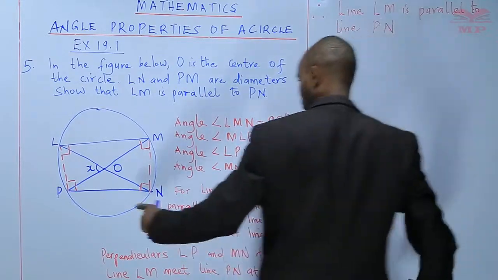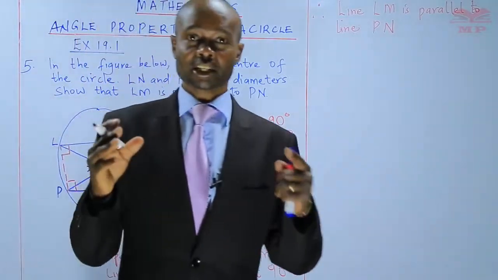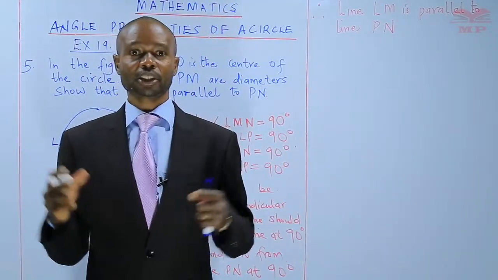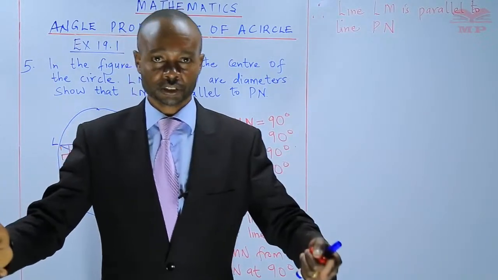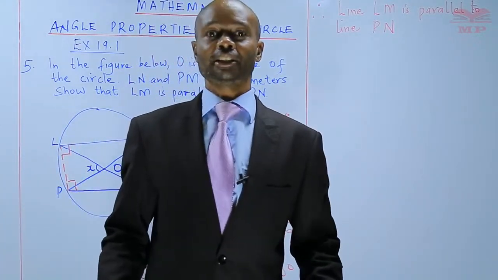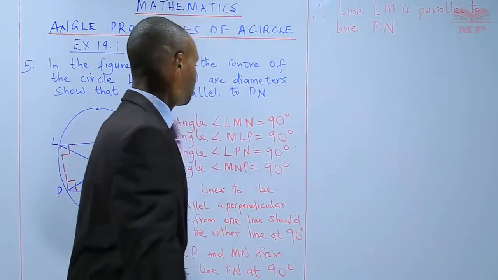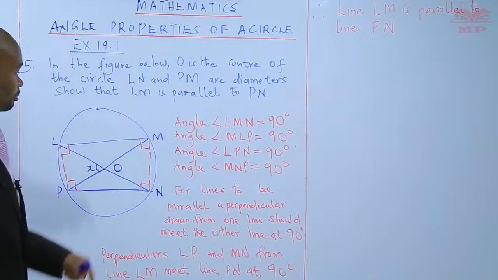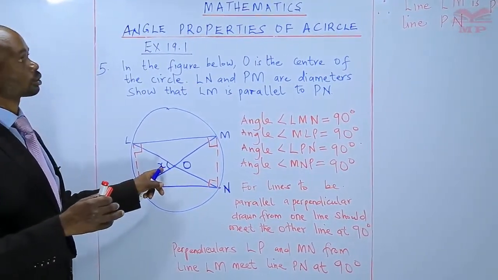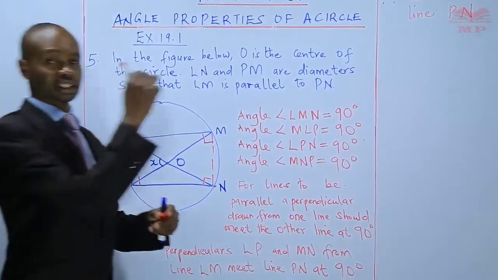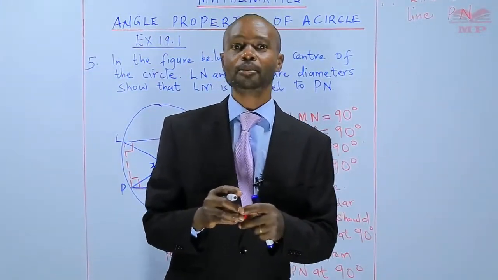That is a direct proof that the two lines are parallel, because the two perpendiculars drawn from one line go to meet the other line at 90 degrees. That is just one of the methods. The other method: there is an angle given there, x. That angle could lead us to another alternative solution of proving that the lines are parallel.